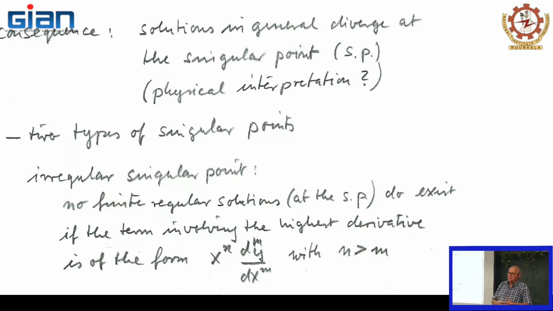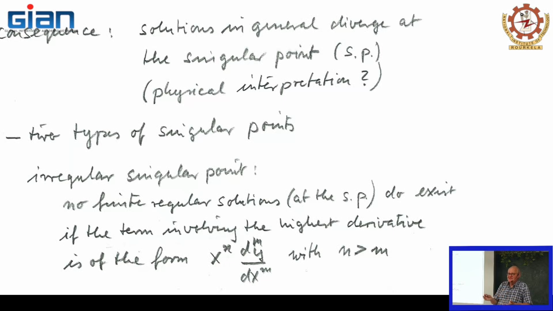For regular singular points, for physical reasons, we would then have to select those solutions of the equation which have a regular or non-diverging behavior. So in that case, we have the chance to get physically interpretable solutions, but we have to make sure that our solution procedure excludes the irregular contributions.